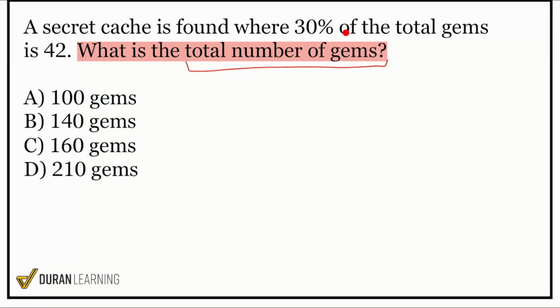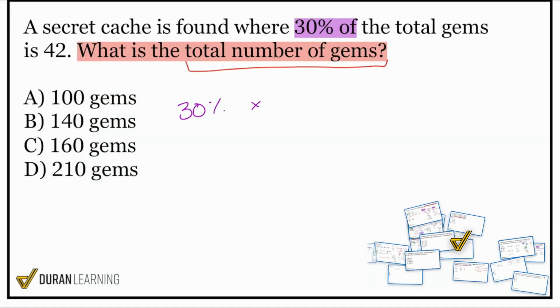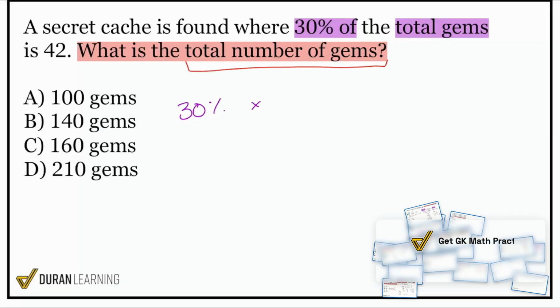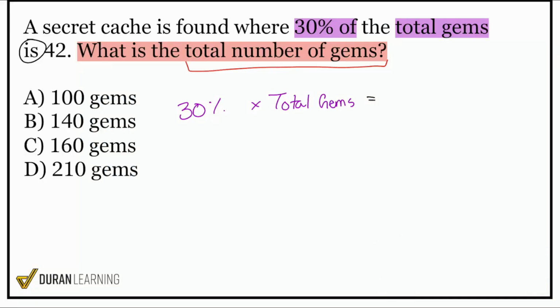Let me go ahead and write that out for us. 30% of, so 30% times the total gems is 42. Everybody, can we confirm that this is written down correctly? Where, again, the percentage of the original total gems equals 42. Has this been written down correctly?